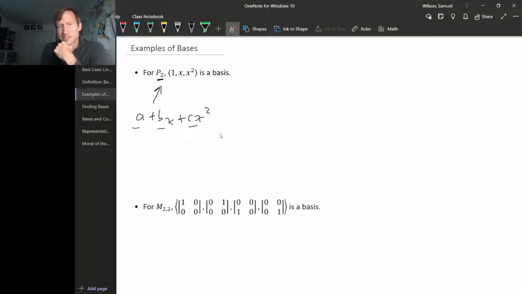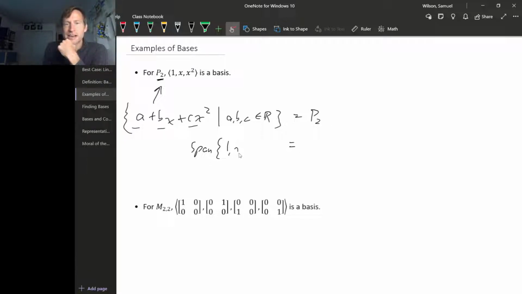This is just another way of saying that 1, x, and x² span P2. So this collection, where a, b, and c are real numbers, is exactly P2, but it is also the span of 1, x, and x². So we have a spanning set for P2.